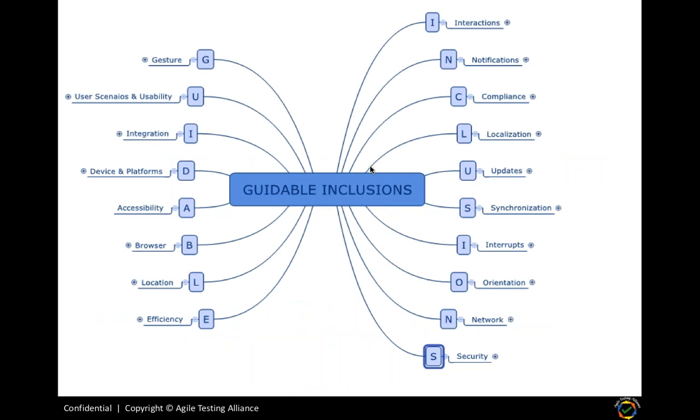It essentially covers 18 parameters: gestures, user scenarios and usability, integration, devices and platforms, accessibility, browsers, location, efficiency, interactions, notifications, compliance, localization, updates, synchronization, interrupts, orientation, network, and most importantly, security. So these are the 18 parameters that are a part of GUIDABLE INCLUSIONS.